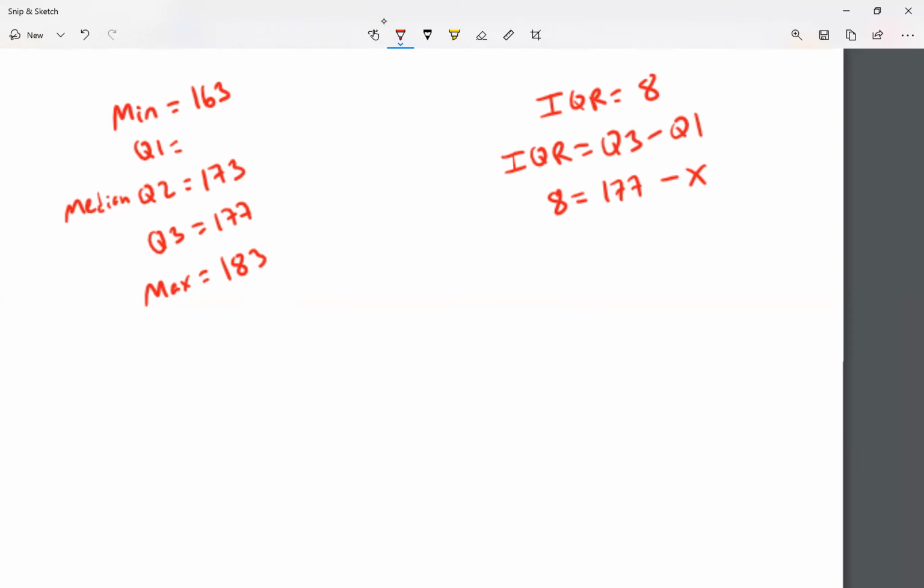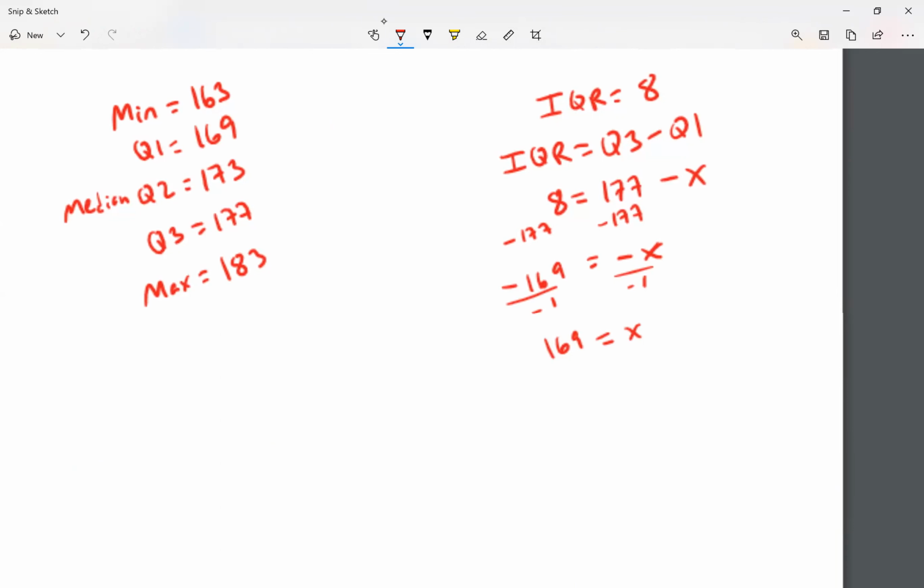Okay, so let me subtract 177. So on the right side, I have negative x. Now 8 minus 177, we know that's negative 169. Let me get rid of the negatives, right? Let me divide both sides by -1. That's how we get rid of the negatives. And I get 169 is equal to x. Okay, we knew that from the list.